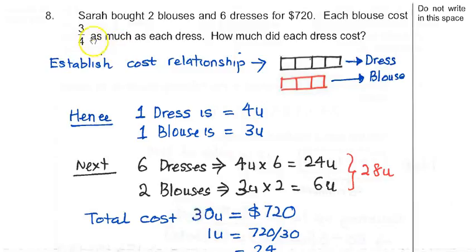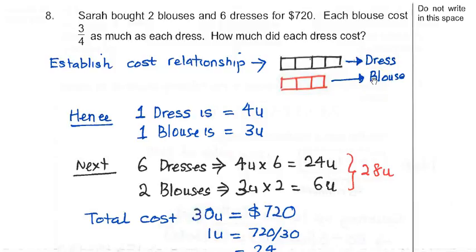When they say 3/4, it means the blouse is cheaper. Now the dress has 4 parts, but the blouse is 3 parts out of the 4 parts of the dress. Can you see? 4 units, 3 units. This is the relationship of one dress, one blouse.